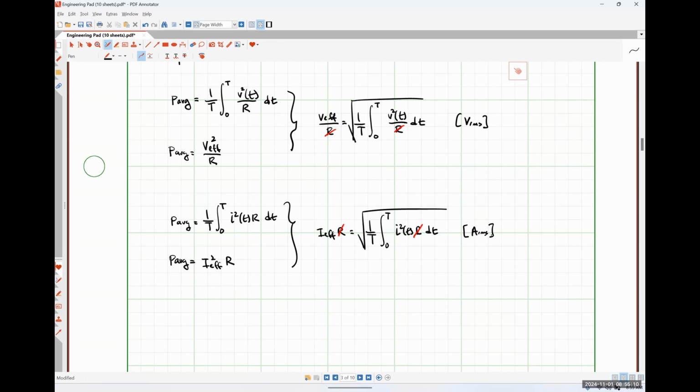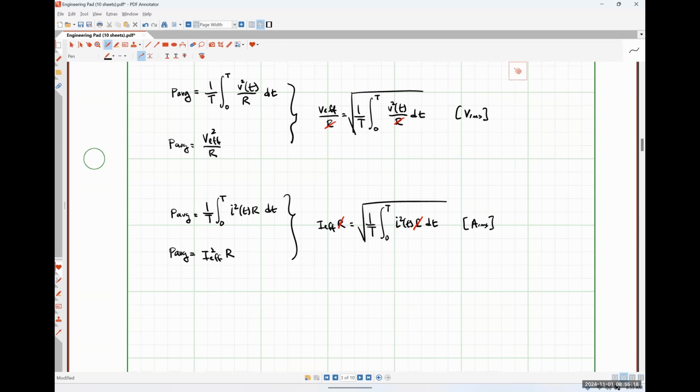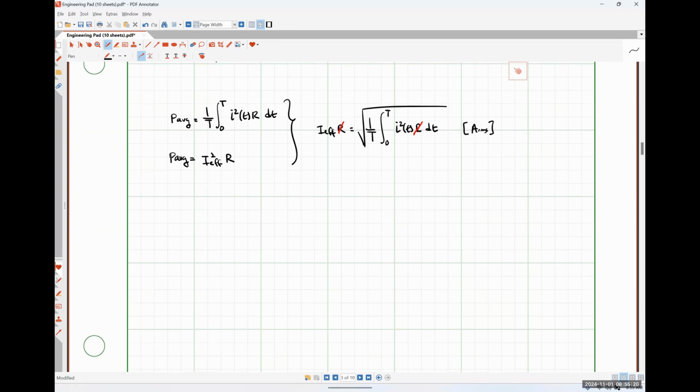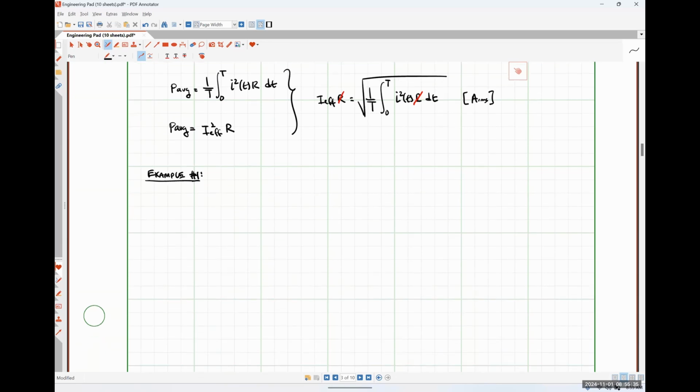So let's put this equation into practice for a couple of common signals that we see in electrical engineering, okay? So let's start with a square wave. So here's time.